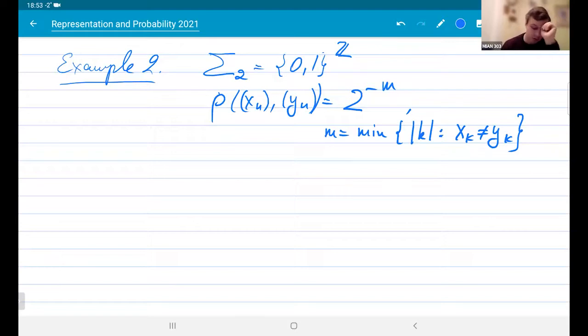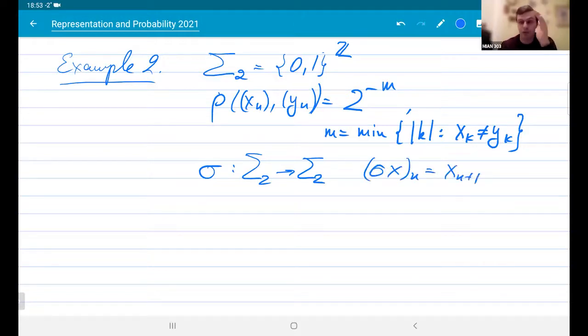And you can consider the map sigma, which is just the shift to the left. You take a sequence and then you shift it by one position. So at the new position number 0, you have the term that was previously at the position number 1.